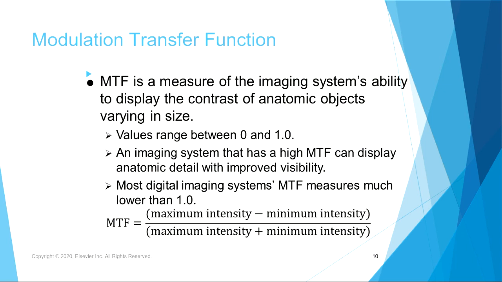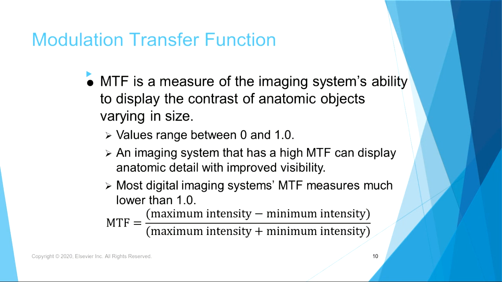Now they go into talking about the modulation transfer function, which is on page 104. Okay, and they reference that an image actually displays a range of brightness levels, which is its grayscale, based on the variations in the radiation intensity through the tissue.